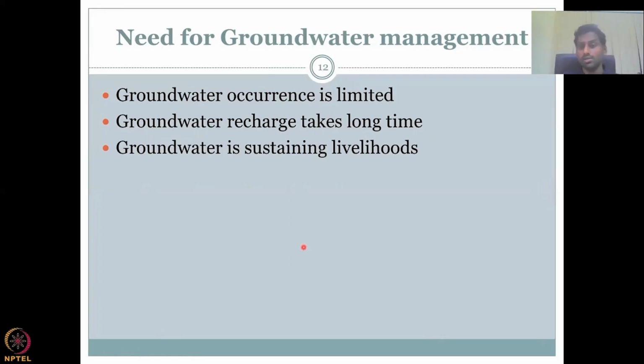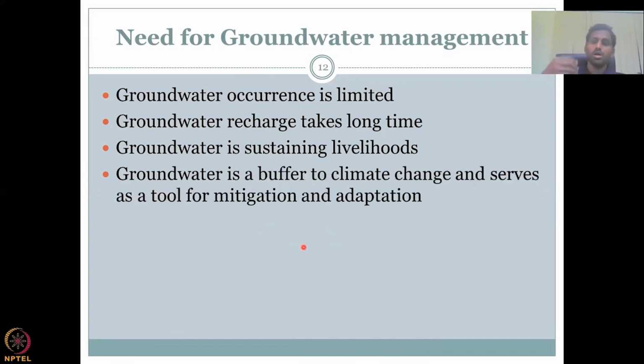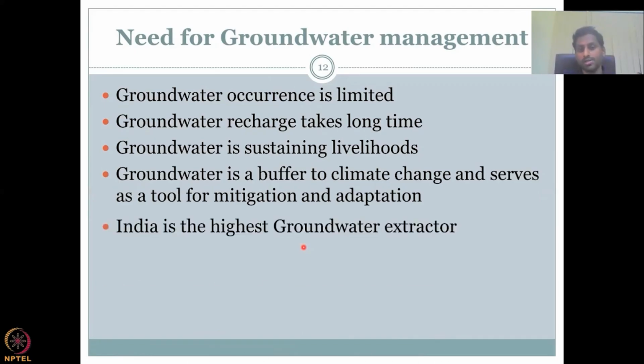Groundwater is sustaining livelihoods because farmers, industries, etc., take this water for their use. Even urban centers, when the public supply through pipes is failing, take groundwater to support their livelihoods and sanitation. Groundwater is a buffer to climate change and serves as a tool for mitigation and adaptation.